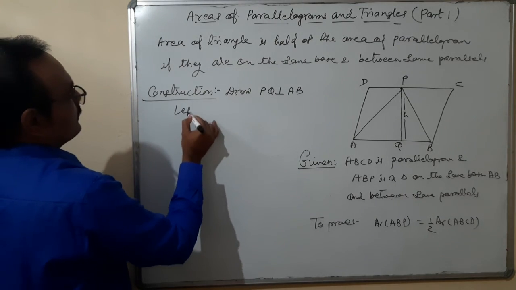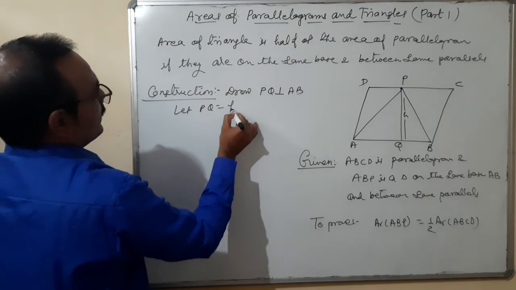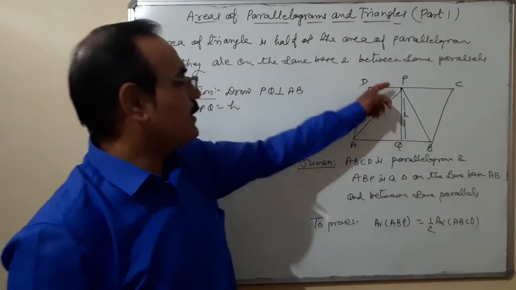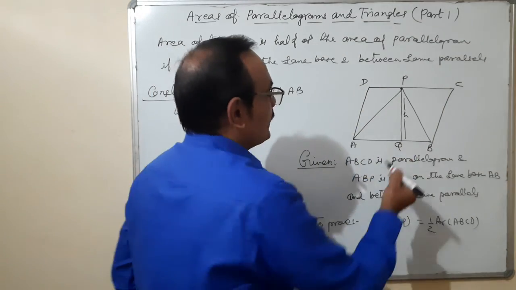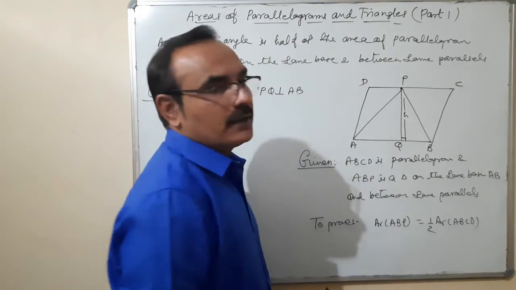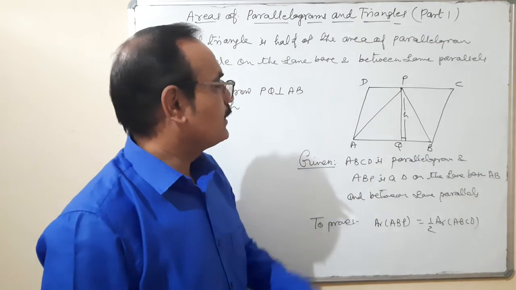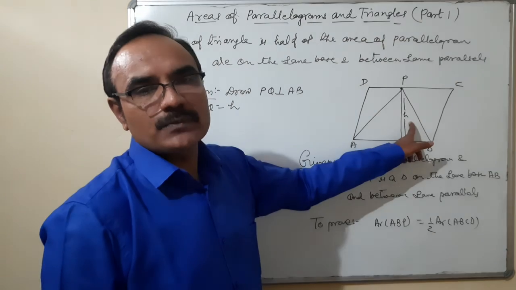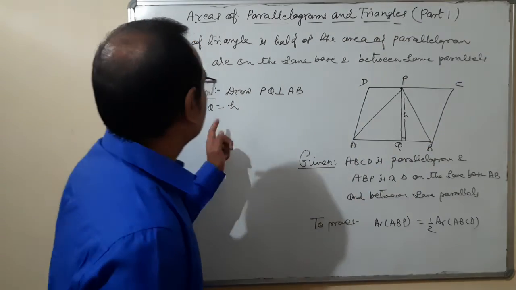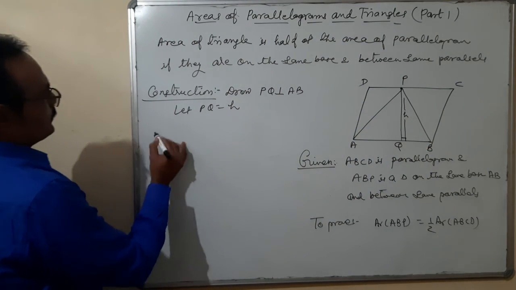Let PQ be equal to H. It is a perpendicular making 90 degrees on the base, that means it is the height, and height is always perpendicular, so let the height be H. Okay, proof.